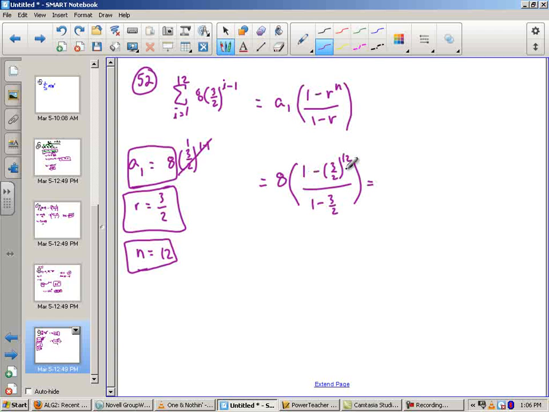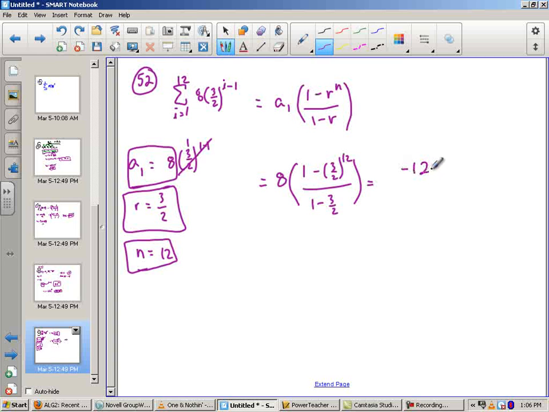Starting with the numerator, this is a beast. I'm just going to type in 1 minus parentheses 3 divided by 2, close parentheses, raised to the 12th. Enter.